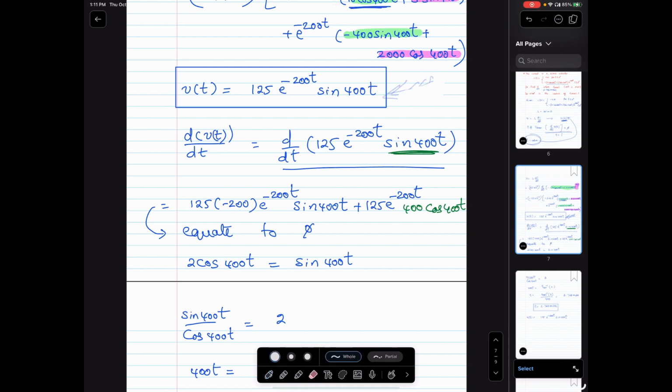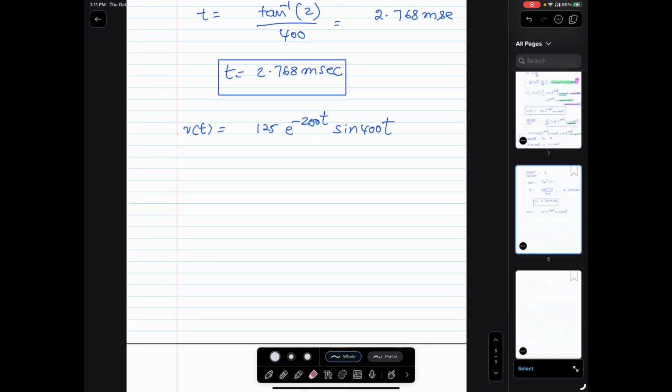Now we plug in the value of t equals 2.768 milliseconds into this, and V maximum is going to be 64.2748 volts.